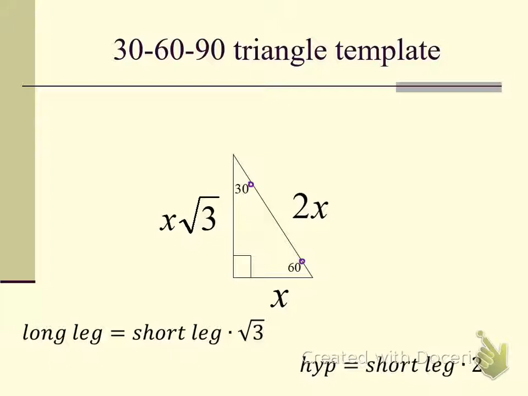I'll have to rewrite that other formula since it's getting covered up there. So one of our formulas is that the long leg is equal to the short leg times the square root of 3. How do we know which leg is the long leg and which is the short leg?